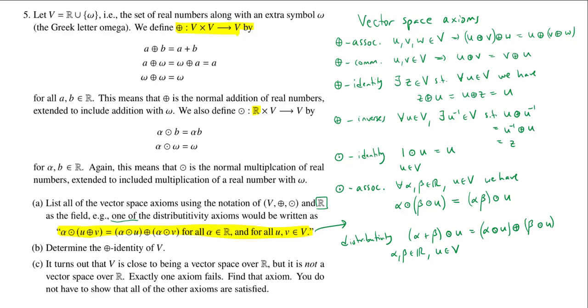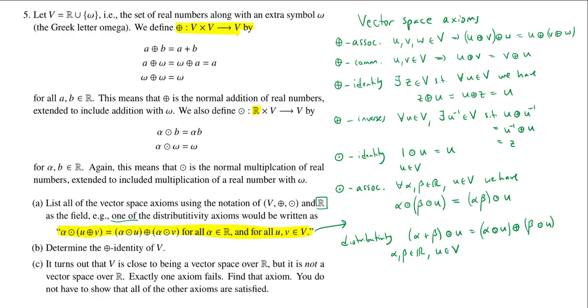Now, we have not established that any of these things is actually true for our given structure. We just wrote down what the axioms would look like. So in part B, we're told to determine the additive identity of V, which is one of these axioms, that there is some additive identity. We're looking for something that we can add to anything in V, and it won't change that value.